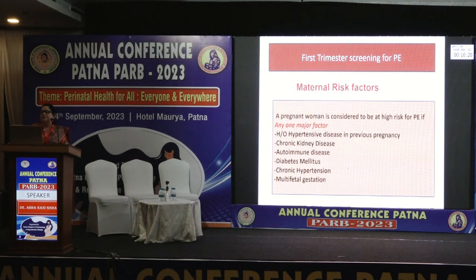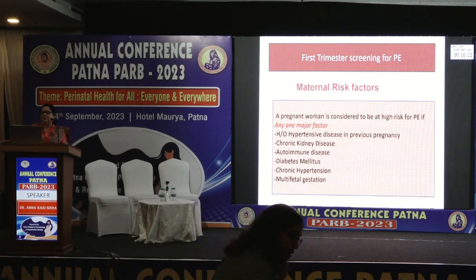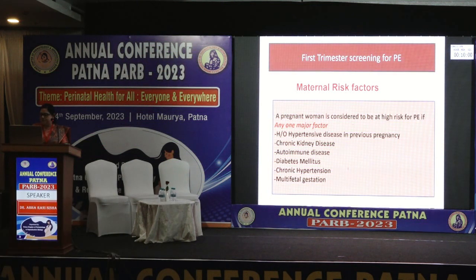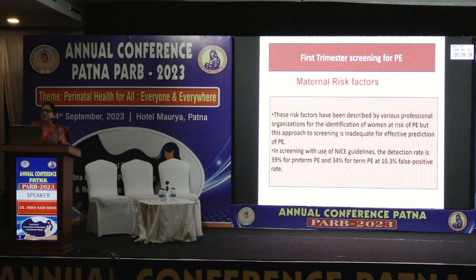Risk factors, according to NICE, we all know that if there is any one major factor like history of hypertensive disorder, chronic kidney disease, autoimmune disease, diabetes mellitus, chronic hypertension, or multifetal gestation, these are the risk factors which help us to screen those women who are going to develop preeclampsia or eclampsia later, or any of two moderate risk factors like first pregnancy at the age of 40 years or more or less than 19 years, interpregnancy interval of more than 5 years, family history of preeclampsia, primipaternity, or if the patient is very obese, or IVF pregnancies.